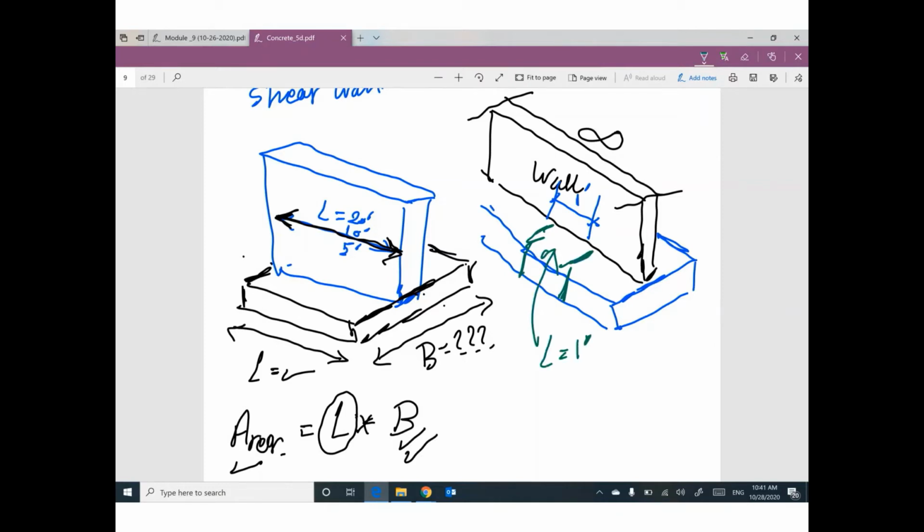So area required equals unit length times B, which is this width.